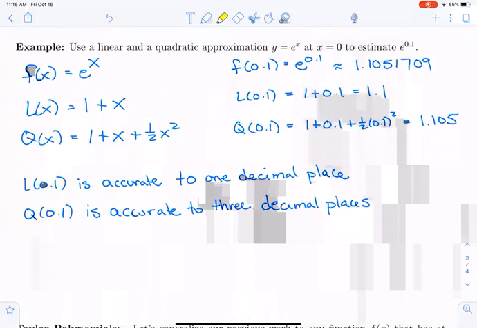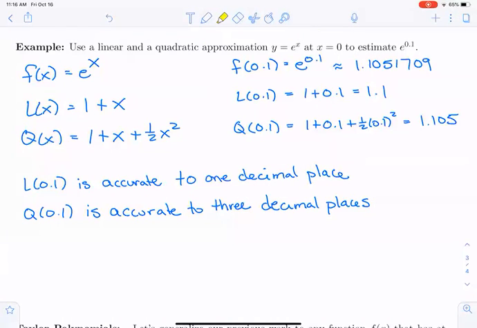But the quadratic approximation, q of 0.1, is 1.105, and that is accurate to 3 decimal places. And so what we're hoping is that a cubic approximation would be accurate to even more decimal places. This gives us a way that we can approximate functions like e to the x.